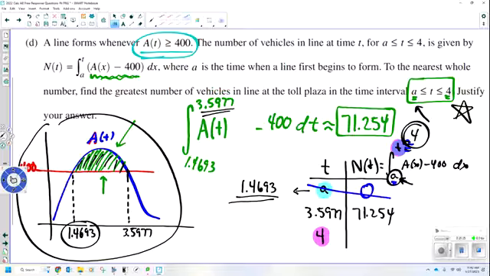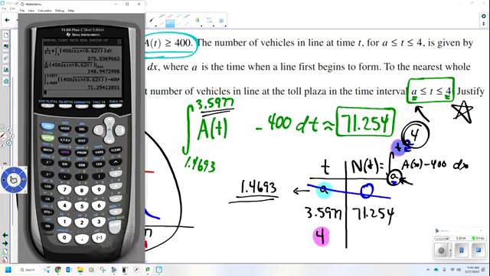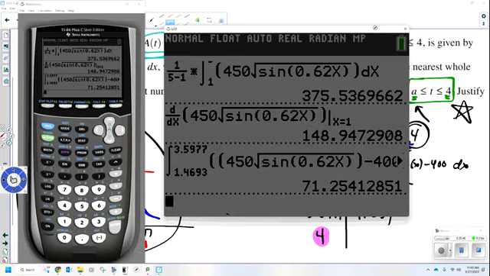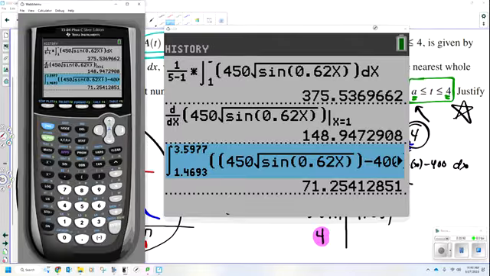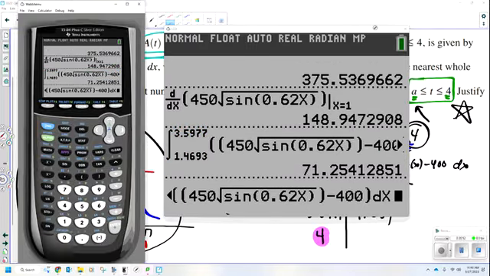Now, looking at my graph alone, let's look at the graph on the left side again. If I go to 4, which is right about here, I start losing cars. So it's going to be less. But let's actually calculate it, and let's do a little cheat mode here. What do I mean by cheat mode? I'm going to copy this, and the only thing that's going to change is my upper bound.